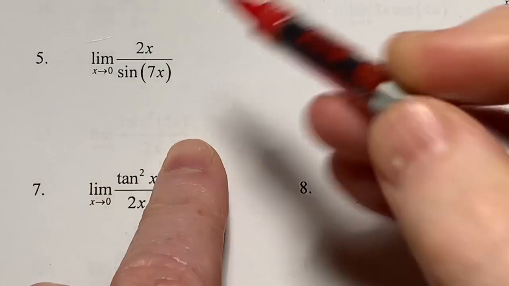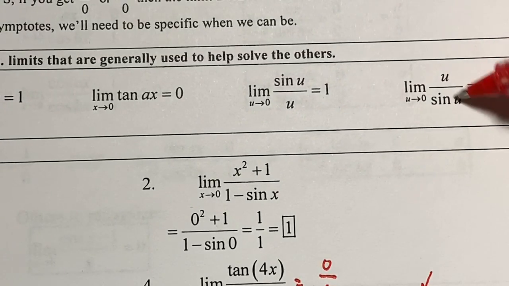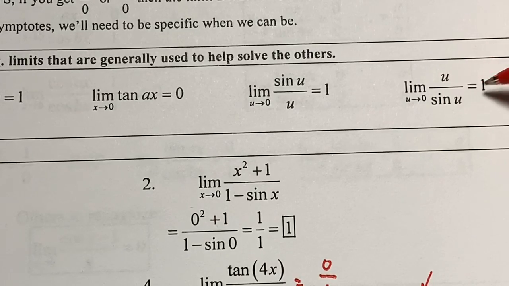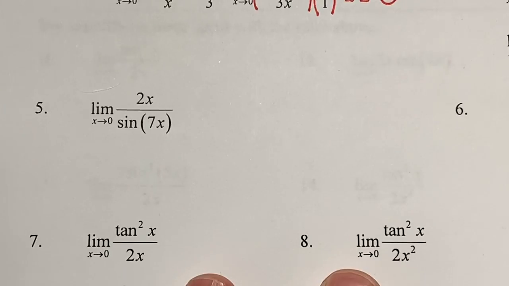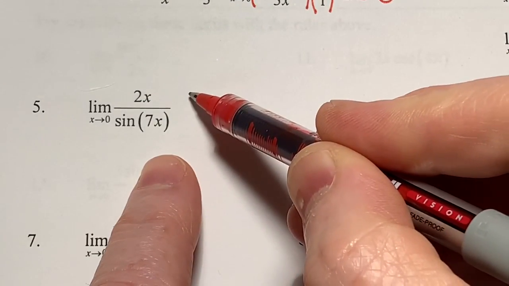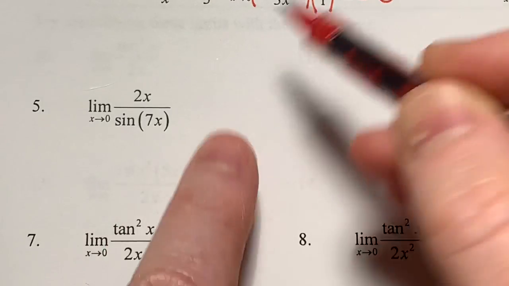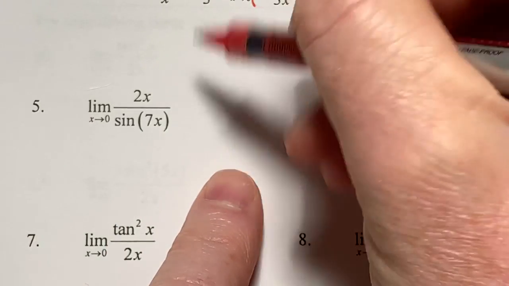Well, this kind of looks like the 5th rule up here, the u over sine of u, except these numbers don't match, right? They have to be exactly the same for this to be true. So what could I do to make these numbers match? Well, I could multiply by a 3.5 and a 3.5. Now, if you can't see that I multiply by 7 halves and 7 halves, then do this.